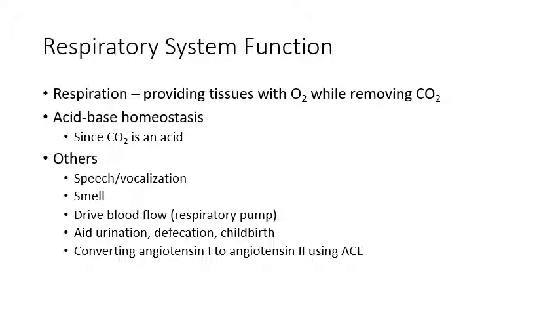Because carbon dioxide is an acid, if you have it in water, you're going to have hydrogen ions, which are protons, released. That's going to lower the pH. That means that when you remove carbon dioxide from the blood by respiration, you're altering the acidity or the pH of the blood.